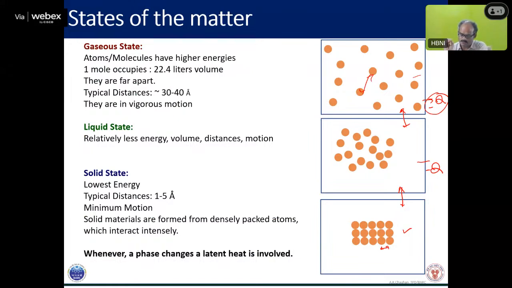So when some liquid is being converted into solid, a certain amount of heat is going to be liberated. That heat will be liberated at the interface. Now it is extremely important to extract that heat out from that interface.